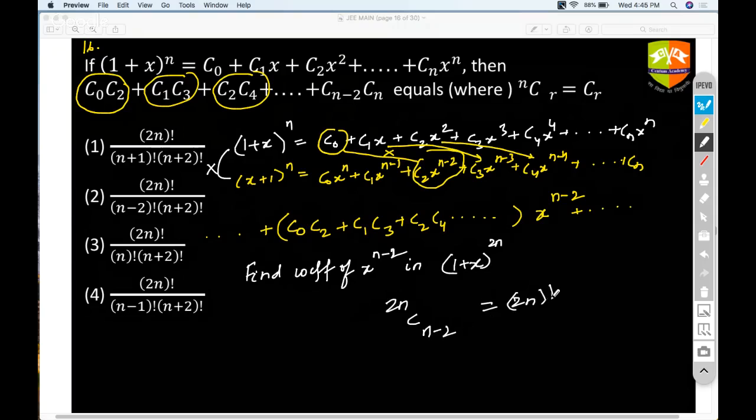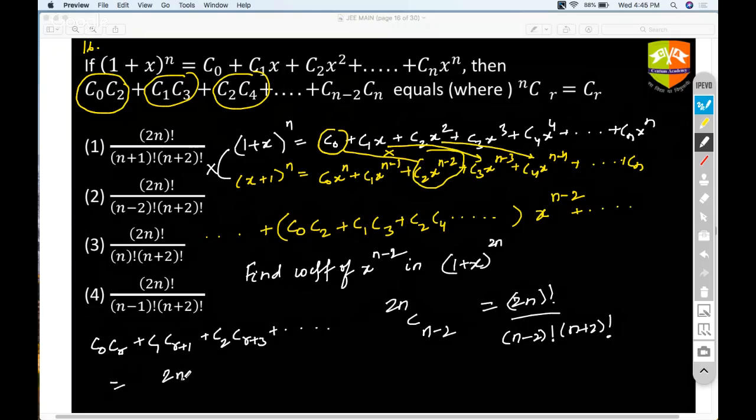That's nothing but 2n factorial by n minus 2 factorial n plus 2 factorial. And we also know that in general, if this is what is happening, Cr, C r plus 1, C2, C r plus 3, etc., then in that case, my formula becomes 2n factorial by n minus r factorial n plus r factorial.